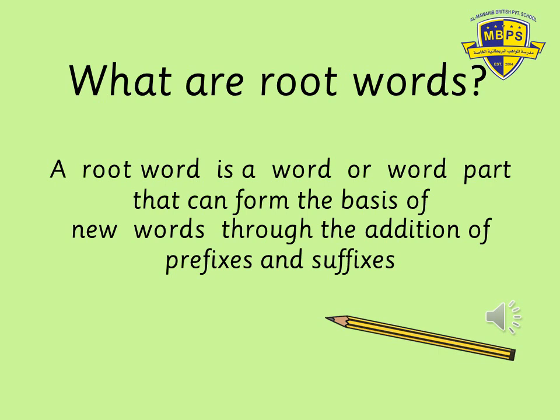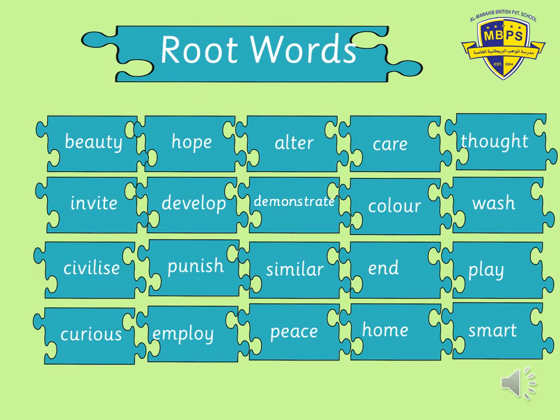Let's talk about the root words. What are root words? A root word is a word that doesn't have a prefix in front of the word or a suffix at the end of the word. Actually, a root word is a word or word part that can form the basis of new words through the addition of prefixes and suffixes. Here we have a group of root words. Let's read them.